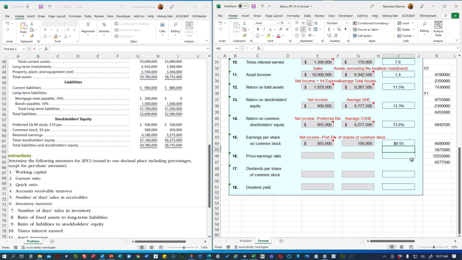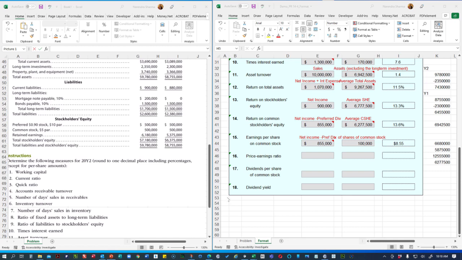All right, so that will be 8.55. So what does it mean? Every common stock I have, the company is making earnings of 8.55. So that's the earnings per share.